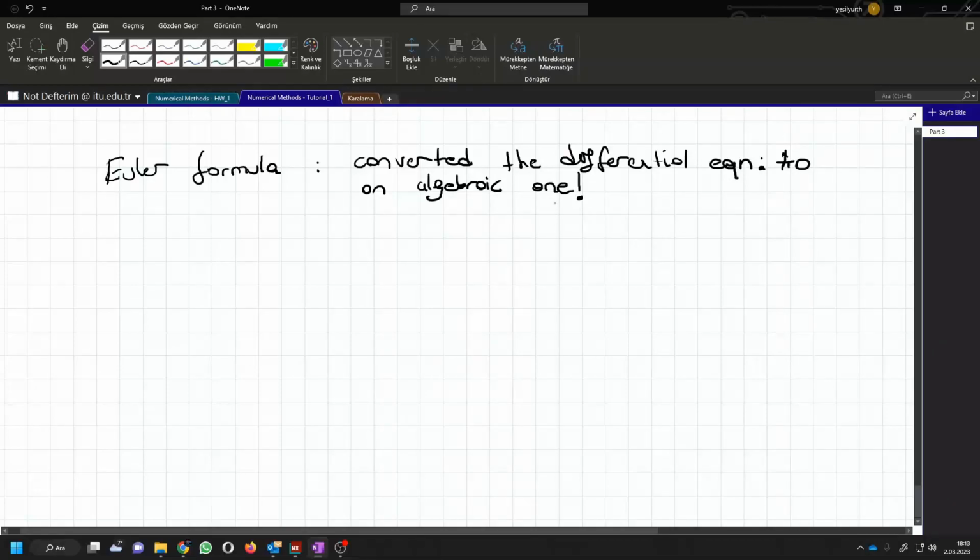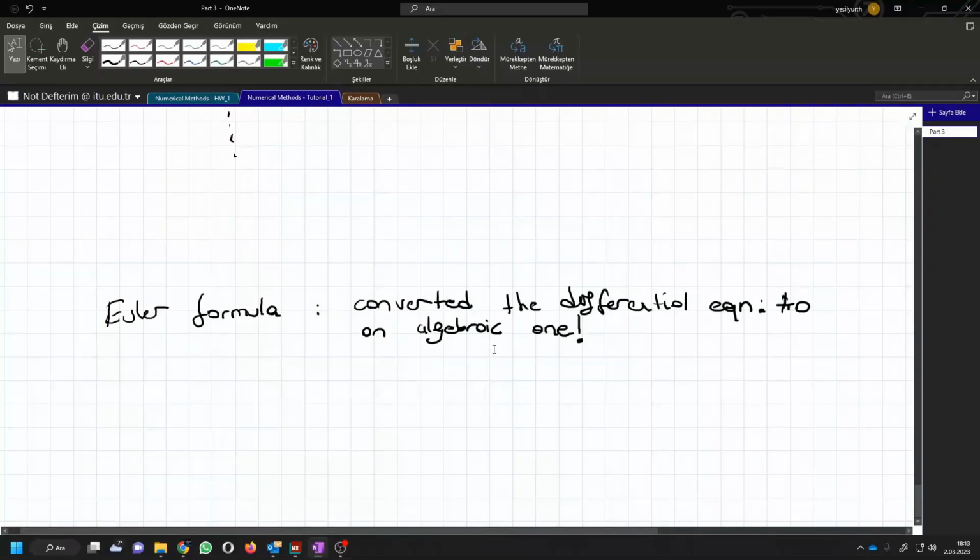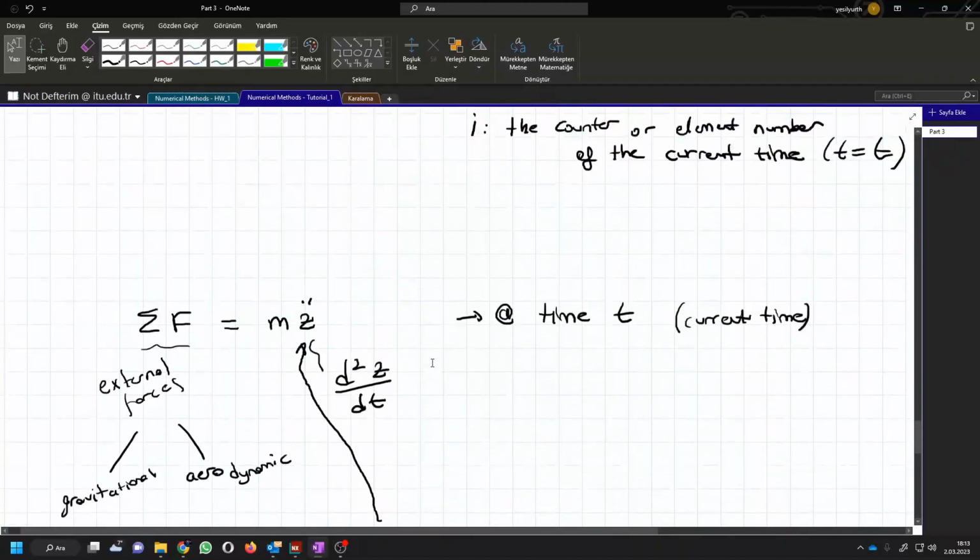Differential equations are hard to solve, but algebraic equations are easier than differential equations. We have converted our differential equation with the Euler formula to an algebraic equation.